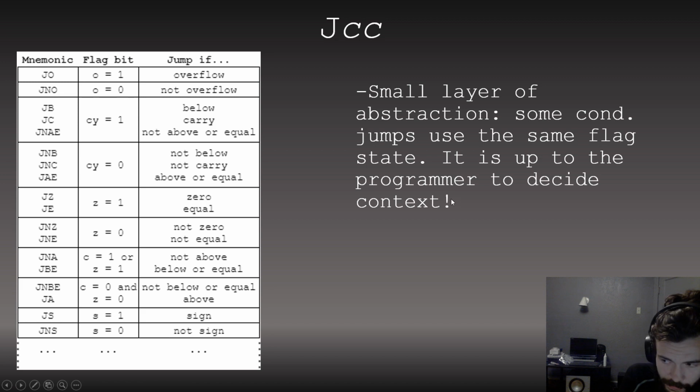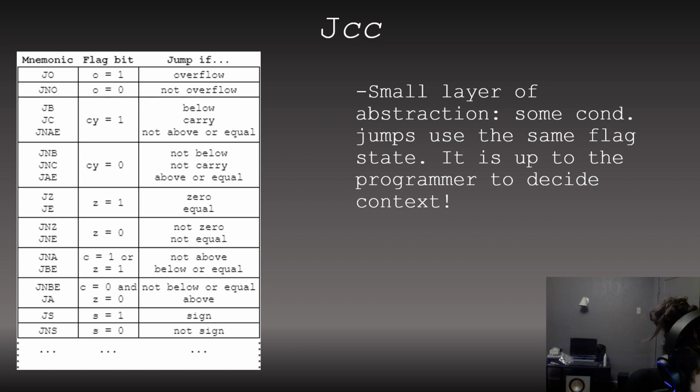And this is a little table of all the different jump instructions. Surprisingly enough, there is some abstraction in assembly. Some conditional jumps use the same flag state, and it's up to us to decide the context.